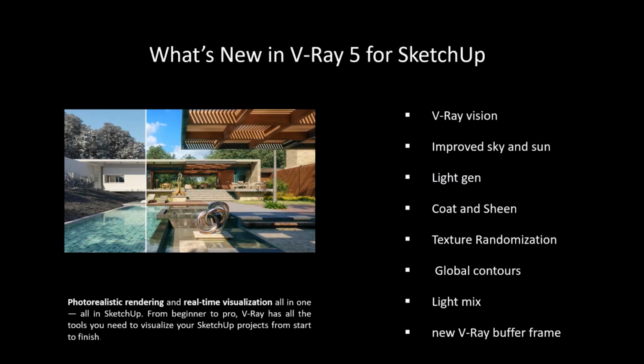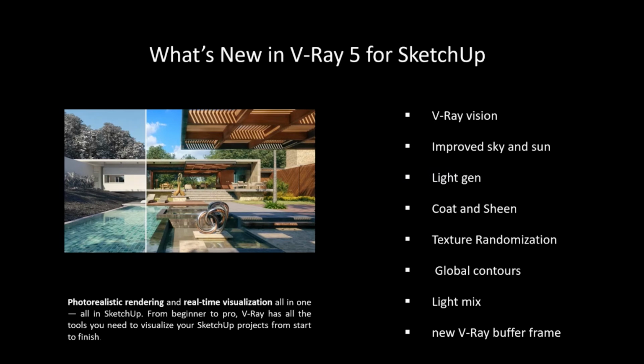Then the new Light Gen tool generates different lighting combinations. And they added new coat and sheen layers to materials, which can be used to give an extra touch of realism to our material. And we can randomize any textures and colors using the new texture randomization tool.